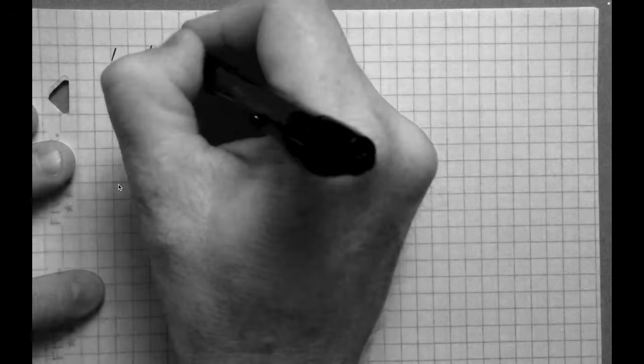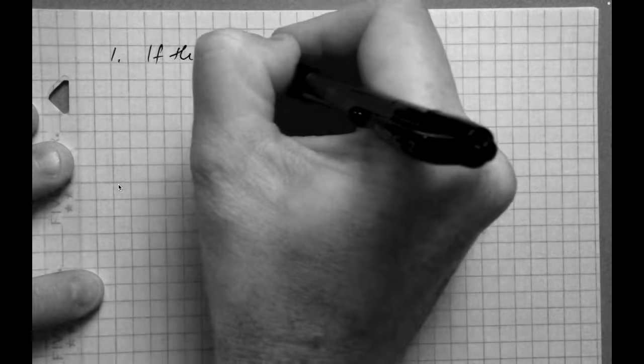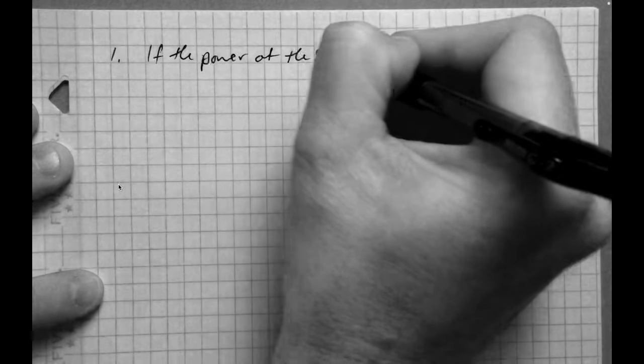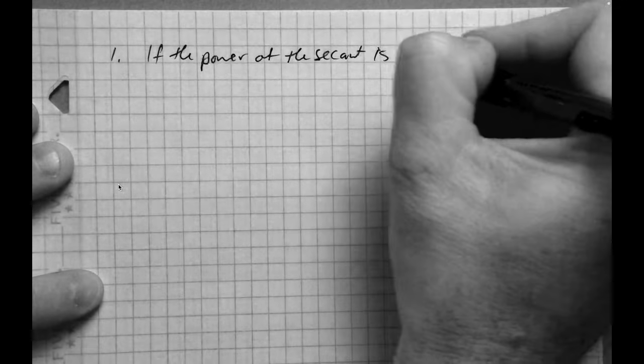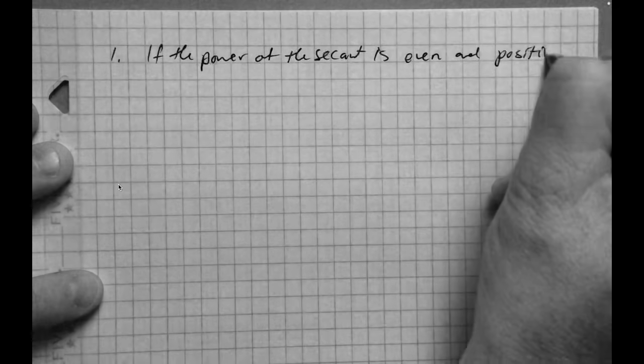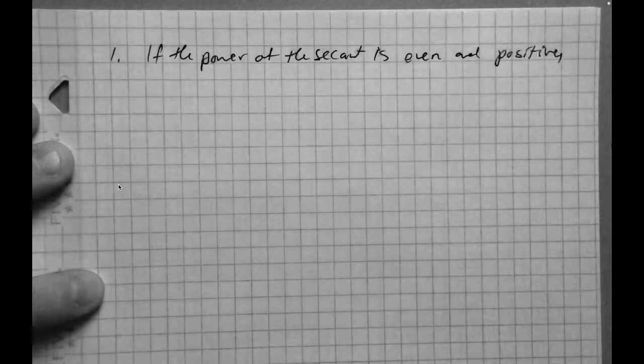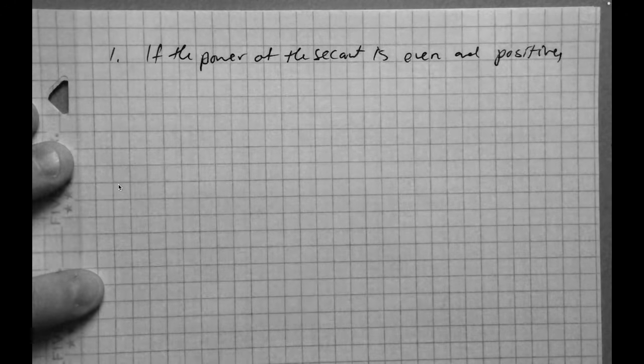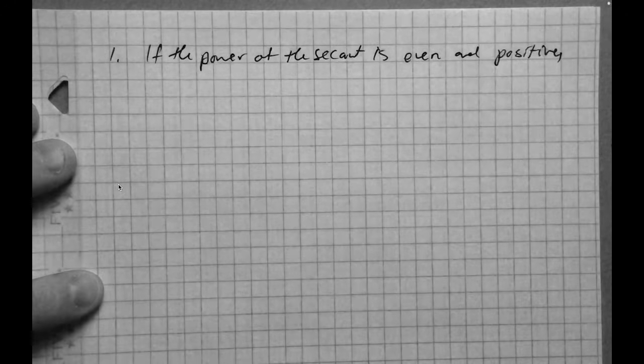So in the first strategy, you would say if the power of the secant is even and positive, save a secant squared factor and convert the remaining to tangent.